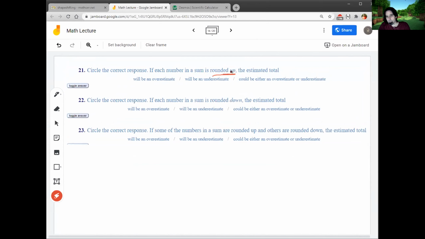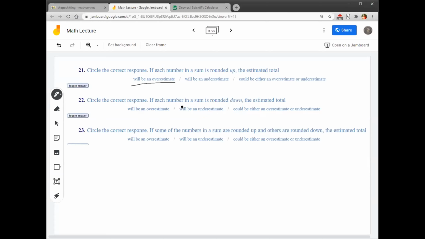If we round both of them up, is our estimated total going to be an overestimate, an underestimate, or it could be either? Overestimate. If we are rounding both of them down, are we going to get an overestimate, an underestimate, or either? We'll underestimate.